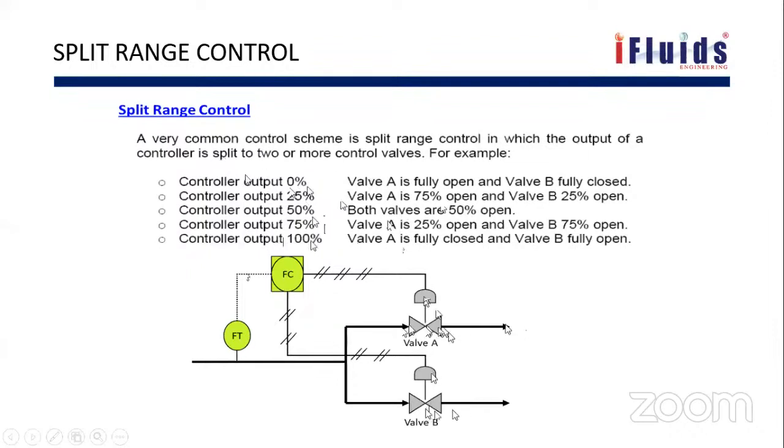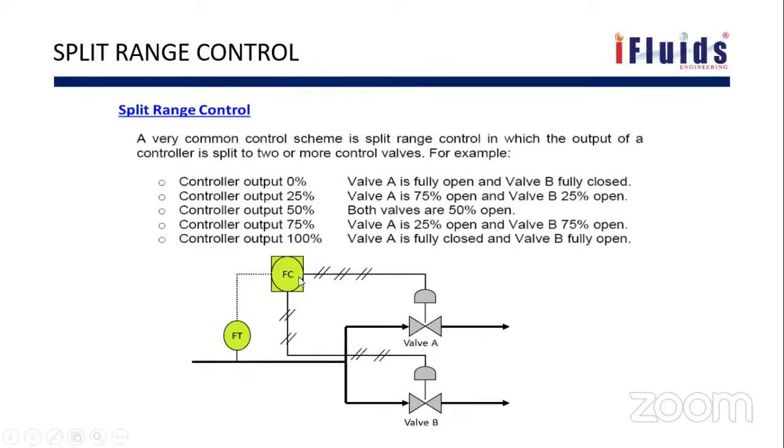So don't get carried away with this controller output and valve positions. It is based on process requirement that the valves open. Here we have not defined any specific process. If there are two valves to be controlled, we'll be using split range. This is used where two or more control valves are used for controlling flow, pressure, everything. So this is what we call split range control.